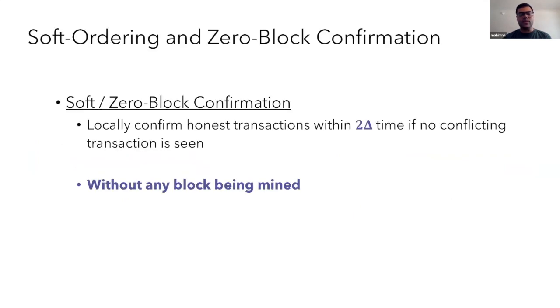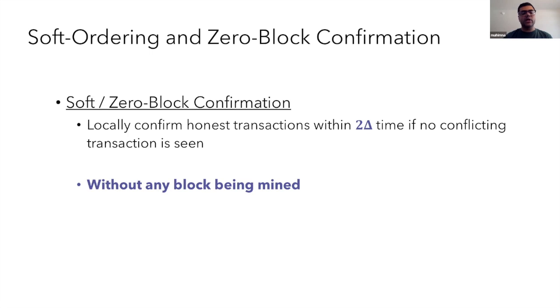All right, I'll talk a little bit about some of the cool applications that come from fair ordering protocols. So one powerful consequence of fair ordering protocols is the ability for honest transactions to be soft confirmed, or locally confirmed, in synchronous networks, even in permissionless settings.